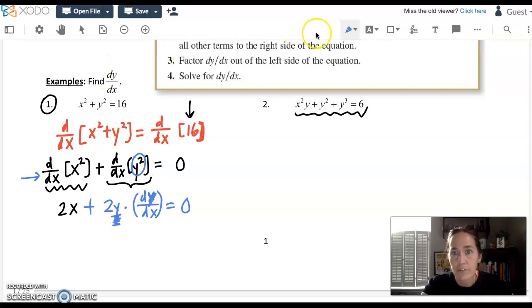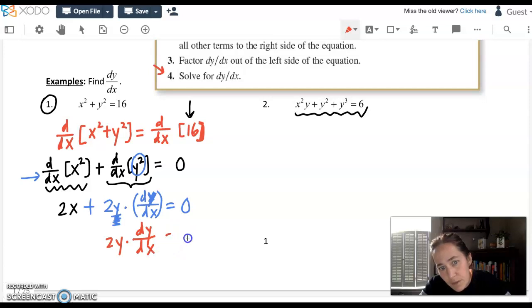So now what do I have to do? Well, I'm supposed to solve for dy/dx, right? That's the fourth step in the list of steps here. And so I see it on the left-hand side of this equation. Let me leave it on the left. So 2y dy/dx. I will subtract the 2x to the other side. So equals negative 2x. And we're going to keep going.